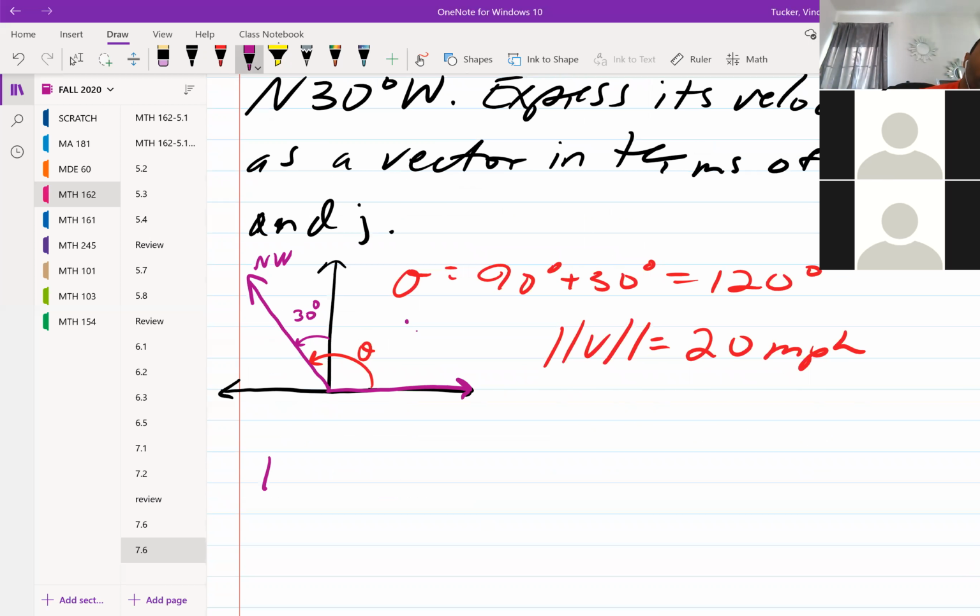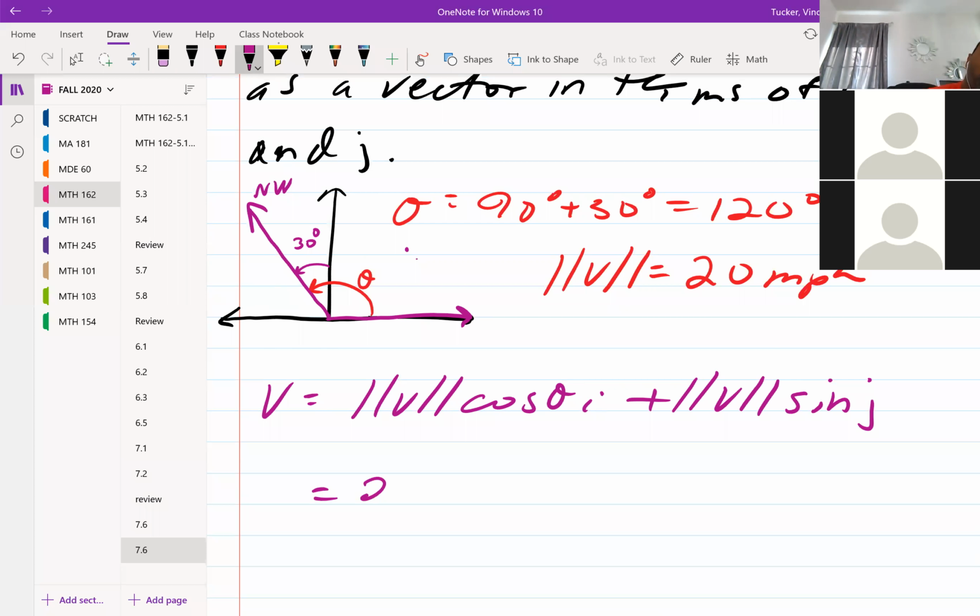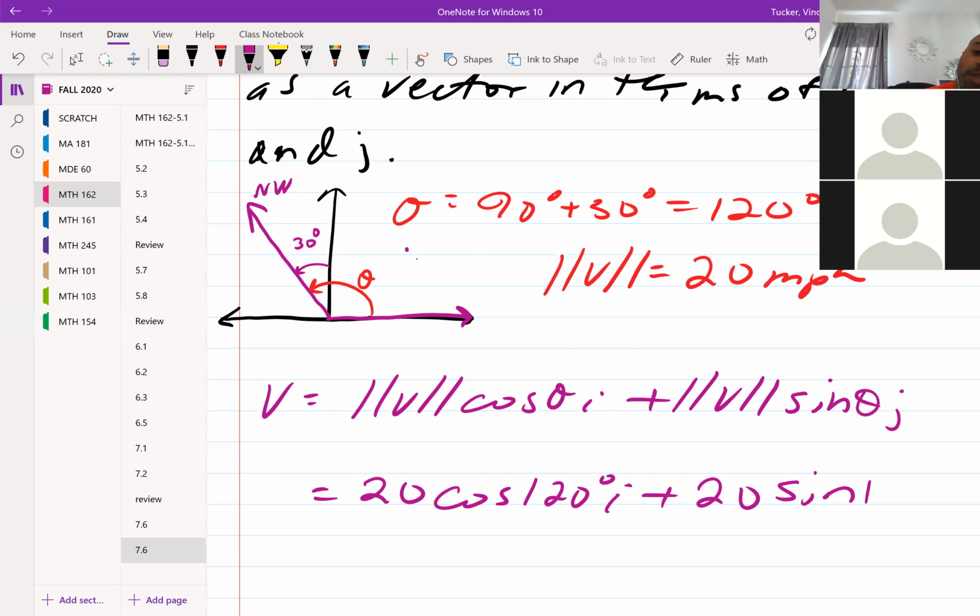That's all we need, because that's the magnitude of V cosine theta I plus magnitude of V sine theta J. So that'll be 20 cosine of 120 I, and then 20 sine 120 J.